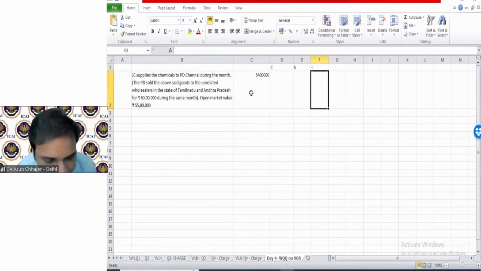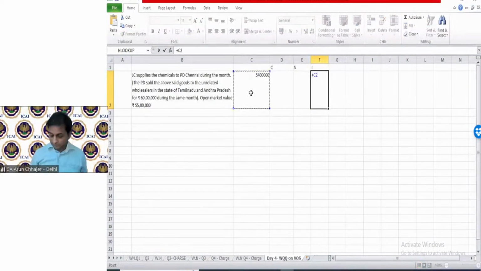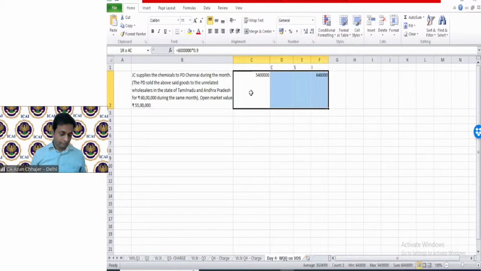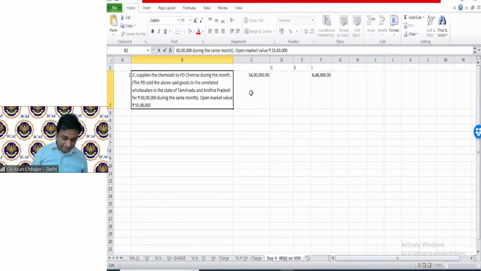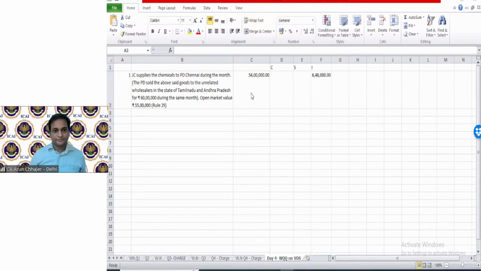What is the rate? In the case of chemical, the rate is 12%, that is, into 0.12. Now here I can make the working note. I have explained accordingly. You can make the working note.